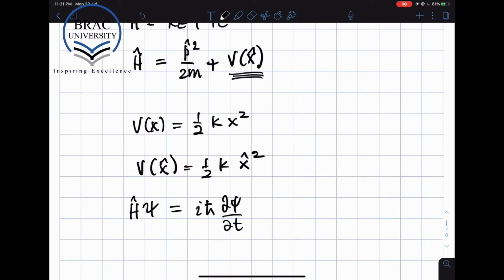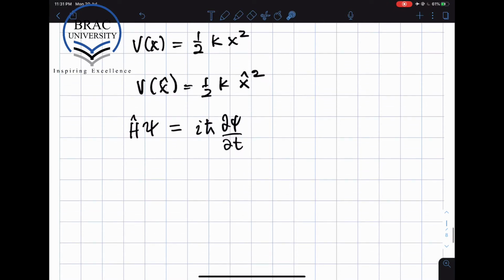This Schrodinger equation is a general equation, and the particular form that it will have will depend on whether we are using the position representation or the momentum representation. Mostly in this course, we will be using the position representation.